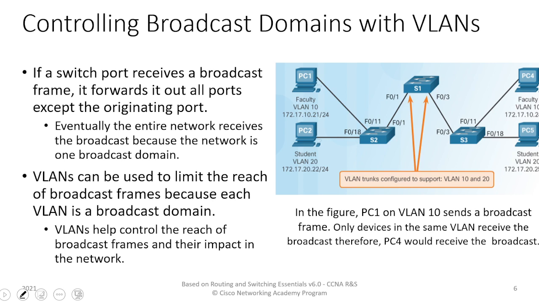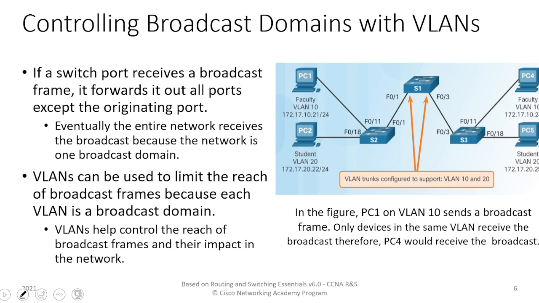So when we take a very large network, like a university or an enterprise environment, the entire network size is going to be very large. And if the broadcast domain is also that large, it is potentially going to go to all the ports of the network, which could be inefficient for the overall network.